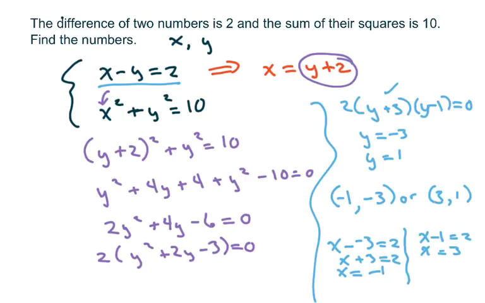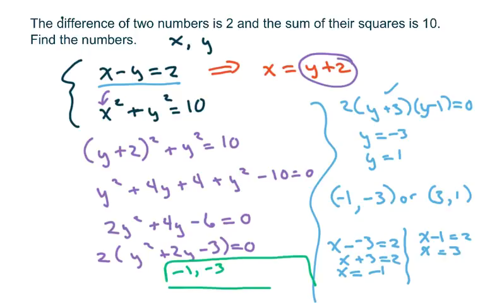So the two numbers are, if we're solving for these, so basically what you're going to do is break these up. You can either have your two numbers be negative 1 and negative 3.